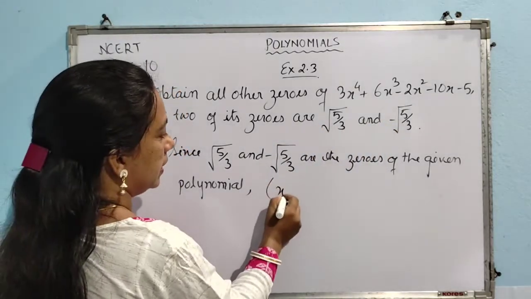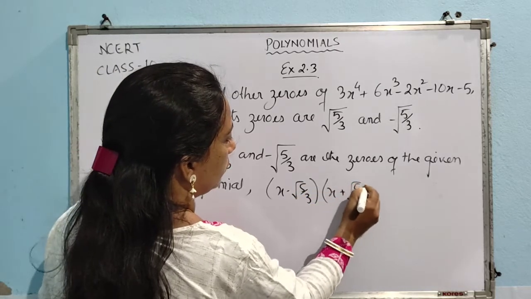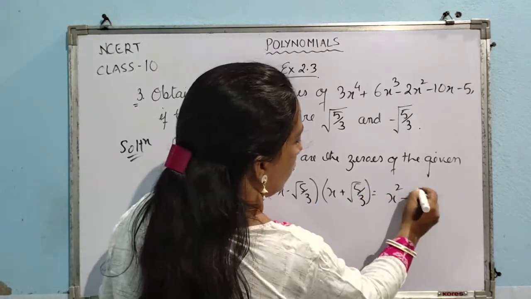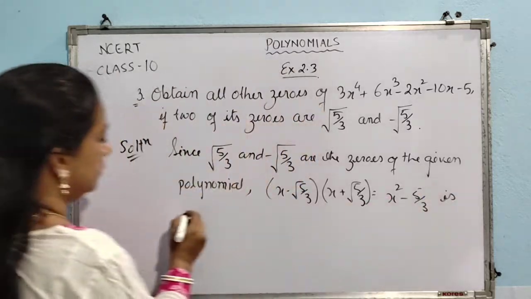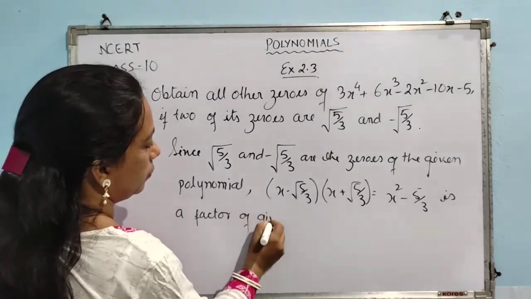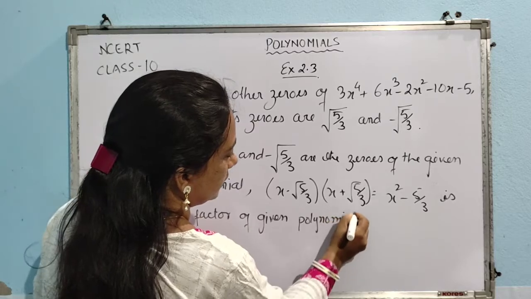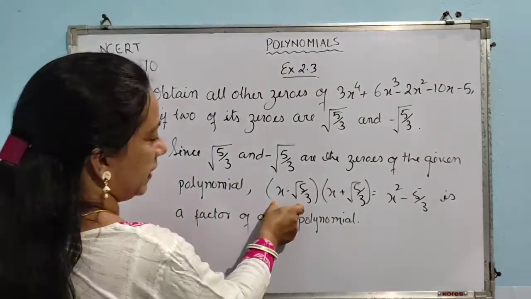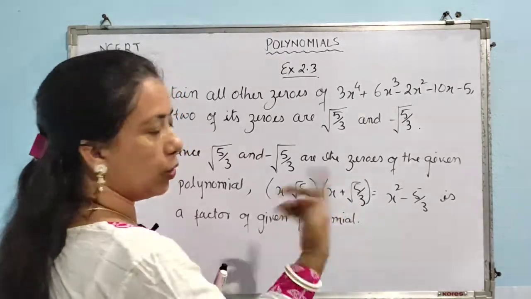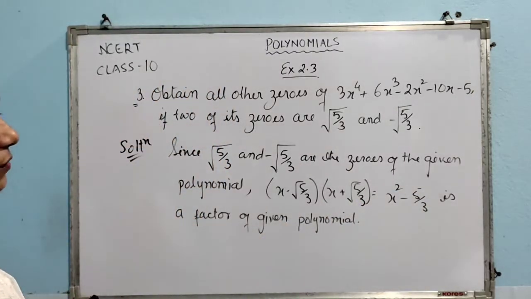That is, we can write x minus root 5 by 3 into x plus root 5 by 3, equal to x square minus 5 by 3, is a factor of the given polynomial. Since these are factors, the product of these factors will also be a factor.